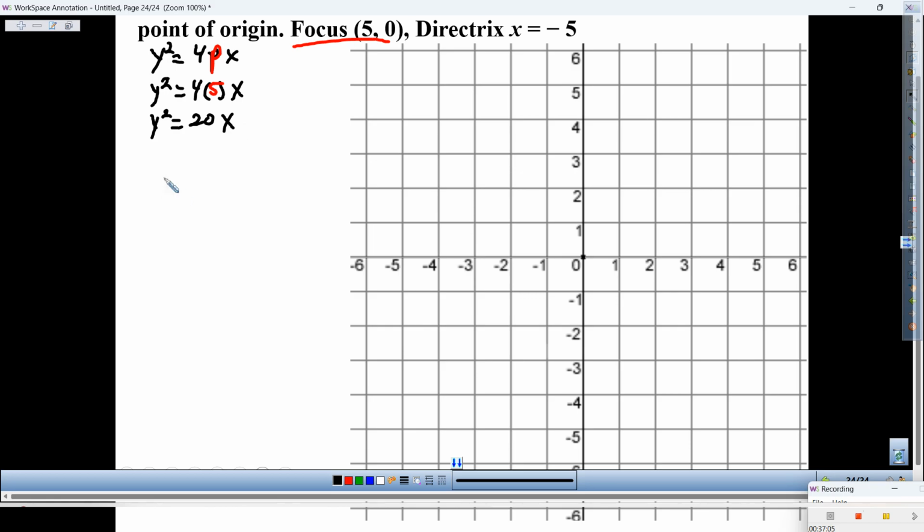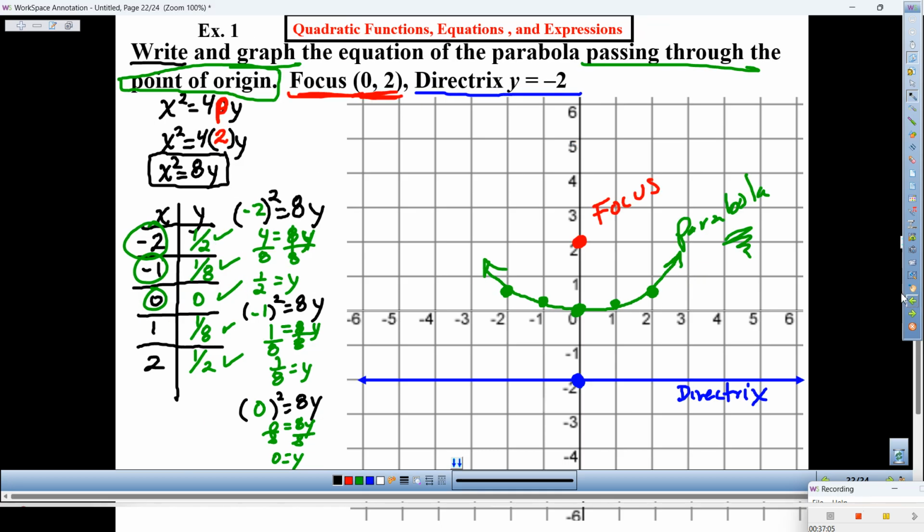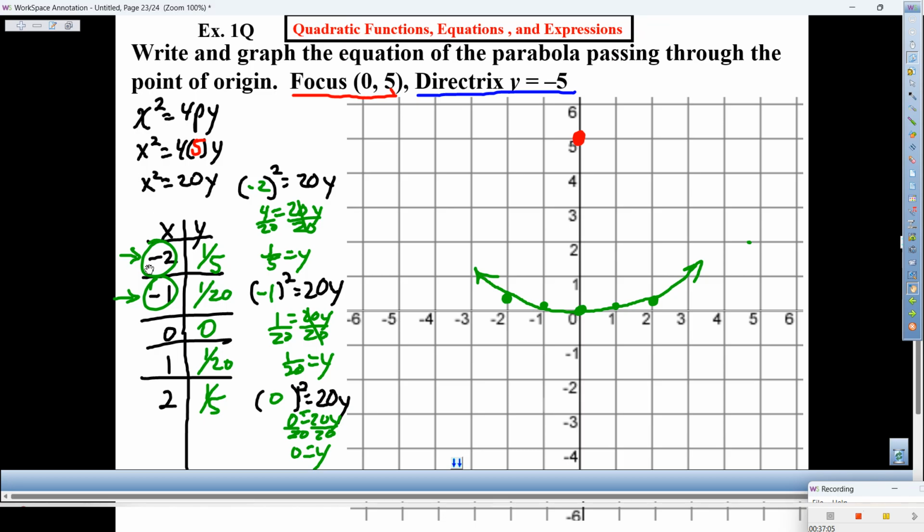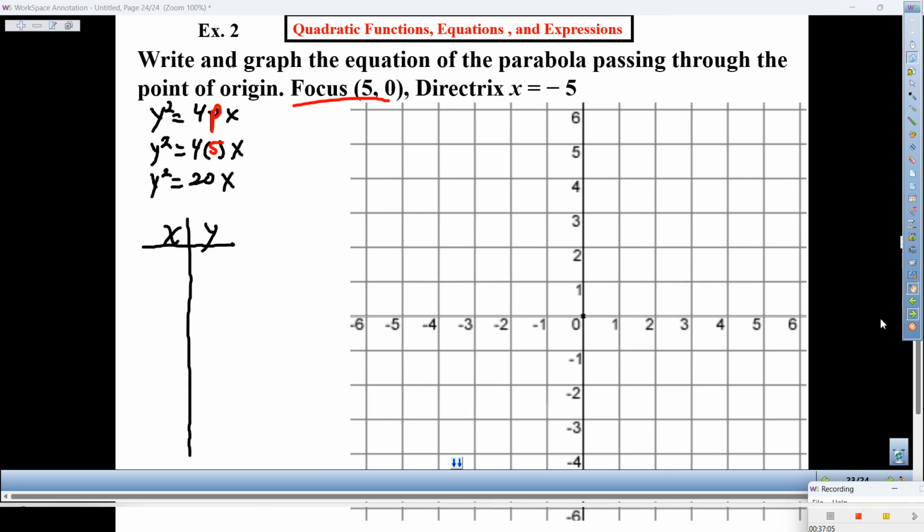Let's go to graph. X, y. Now look up, guys. Look up or you're going to miss it. Look at the previous 2 examples. I had x squared and I got the x values -2, -1, 0, 1, and 2. But what do you notice on this one?